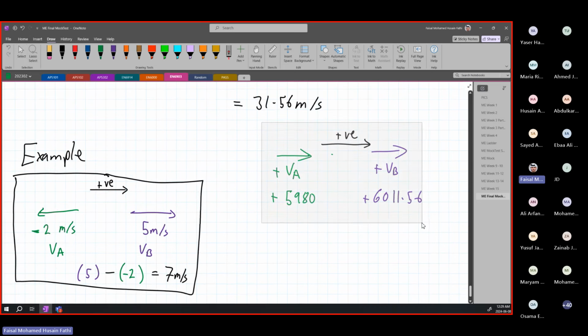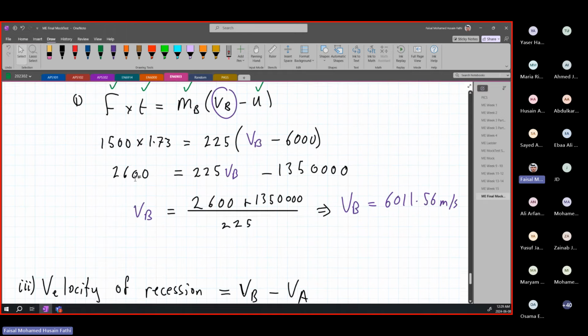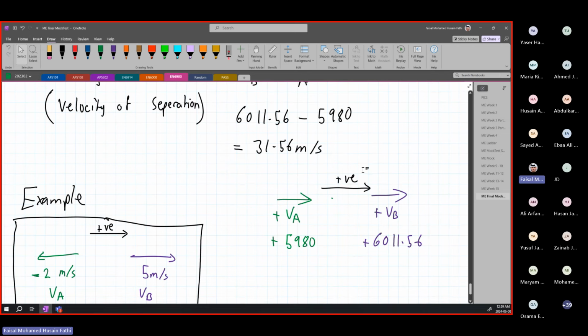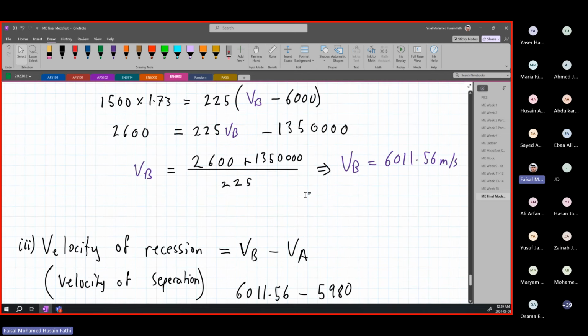Why are these in the same direction? Very simple. VB is in the same direction because when we found the value, it came out as a positive number. All right. So VB is in the same direction because the value we got was a positive value. If this was a negative value, it would mean VB is in the opposite direction. But in this case, we got VB as positive.